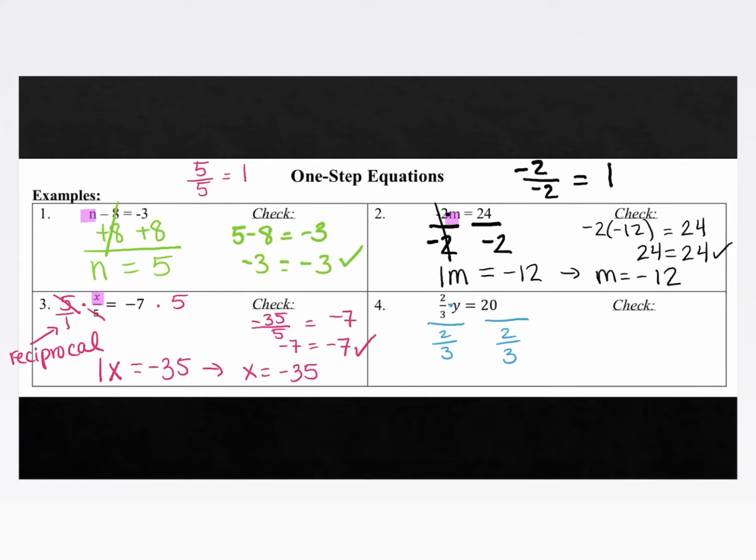But when we divide by a fraction, that's actually the same thing as multiplying by a reciprocal. So dividing by a fraction equals multiplying by the reciprocal.